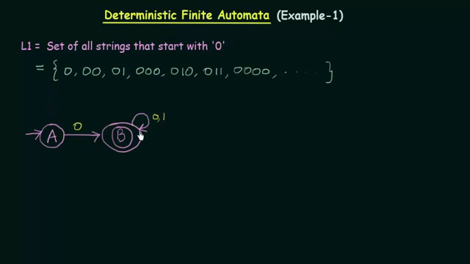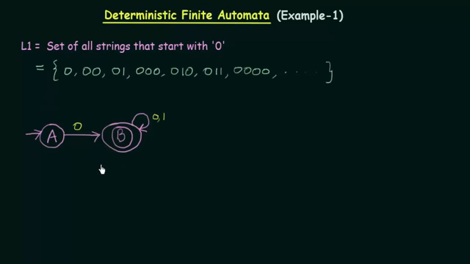This means that after reaching this final state B, whatever input you get after that, whether it is 0 or 1, it stays in the final state B itself. Okay, because the string started from 0 and our only condition is that it should start with 0. So it starts with 0 and after it reaches the final state, whether it is 0 or 1, it doesn't matter. It stays in the final state and that string will be accepted. Okay, I hope that was clear.